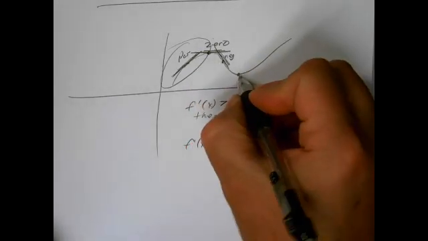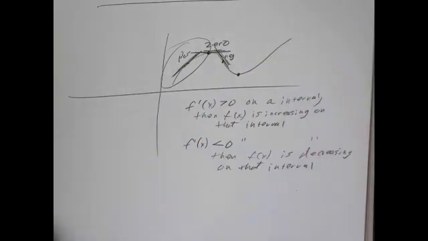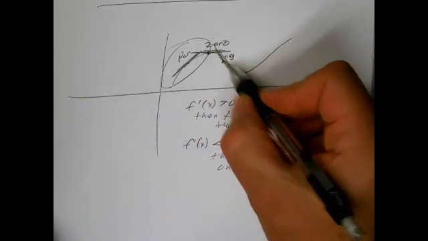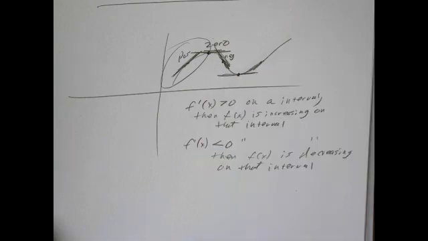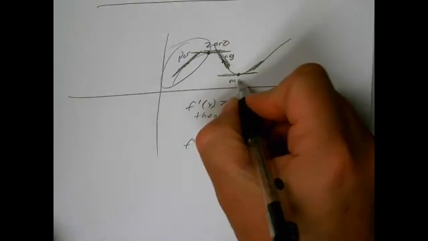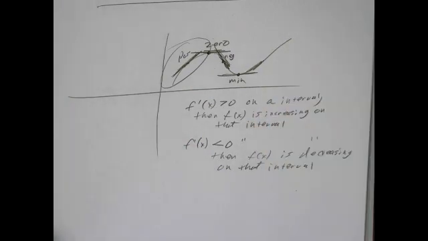Over here, we have a local min, and this slope is going to go from negative to positive as it passes through that slope of 0, which is why the minimum was created. That's how it got there.